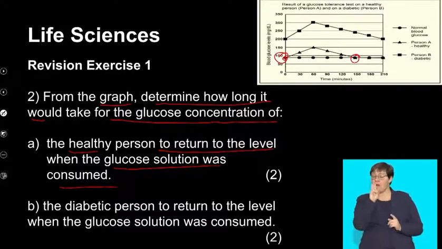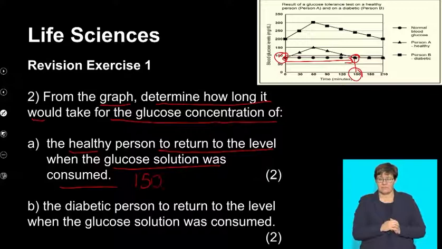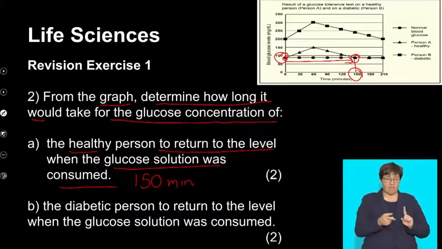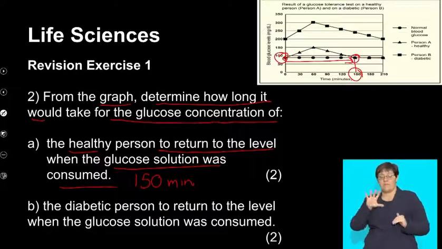We've basically got to look at how long it took to get back to normal. If you plot that down, this was approximately 150 minutes. So it took the individual 150 minutes to bring the blood sugar levels back to what they initially were.